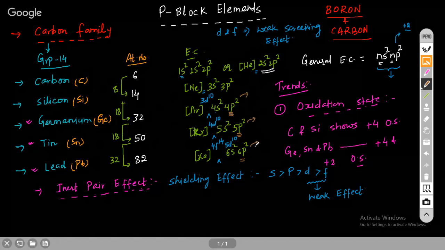But comparatively, electrons in the s orbital are strongly attracted towards the nucleus. That's why it is very difficult for these elements to lose the electrons in the s orbital, and hence they have difficulty in the formation of +4 oxidation state. Is it clear?